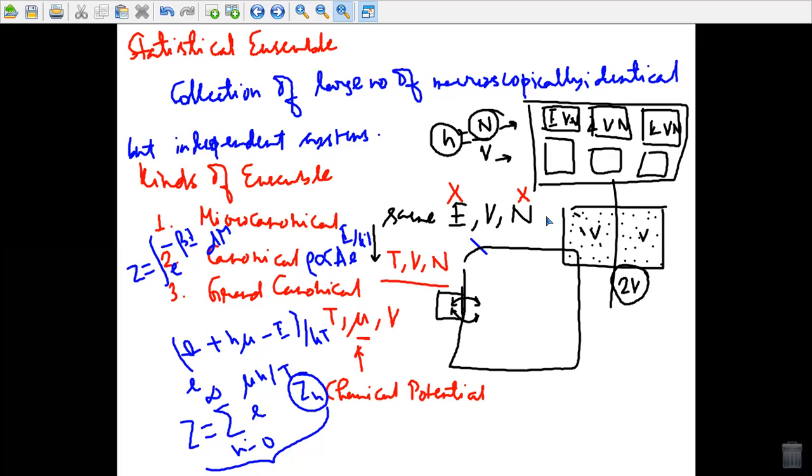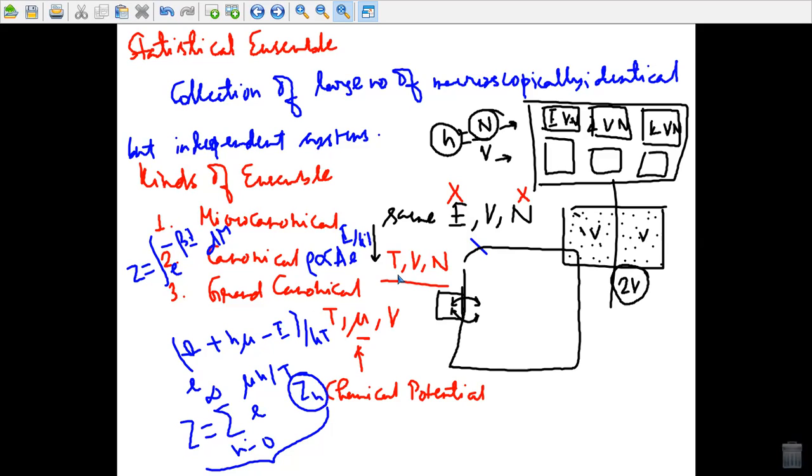So this is the major difference in the use of the ensembles, and we can use the partition function, which is again the most pertinent generating function, for calculating various thermodynamic variables: pressure, energy, Helmholtz free energy, magnetization, these types of thermodynamic quantities.